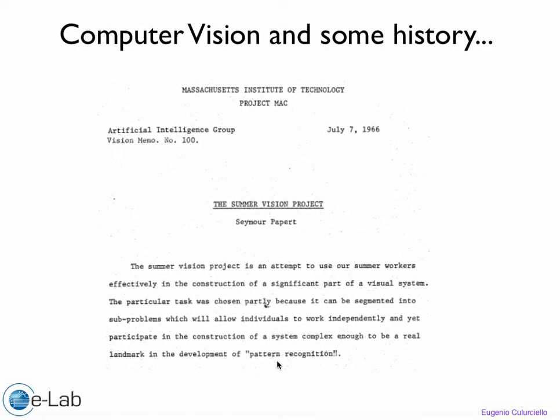So this was 1966, and now we are 60 years later practically, and we still don't have a visual system like the one that we wanted in 1966. What could be the causes? Well, the causes could be many, but I think one of the major causes is not really taking into account biology and taking inspiration from biological systems, how they would do this.